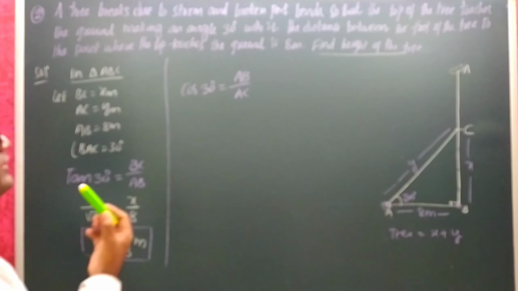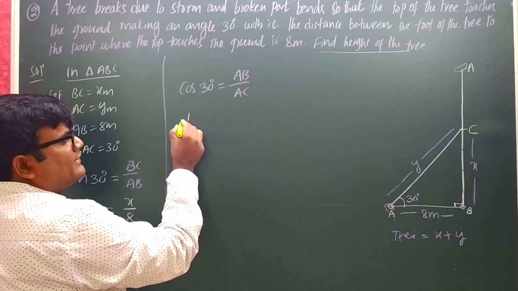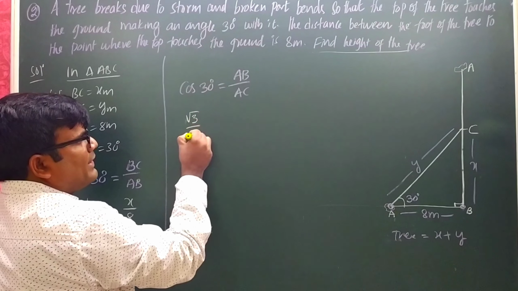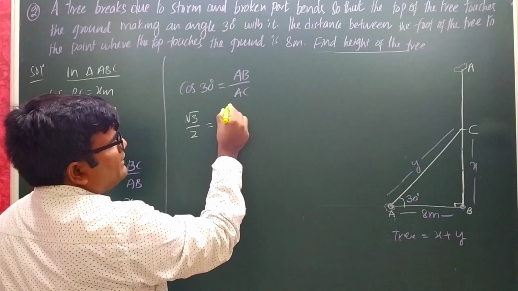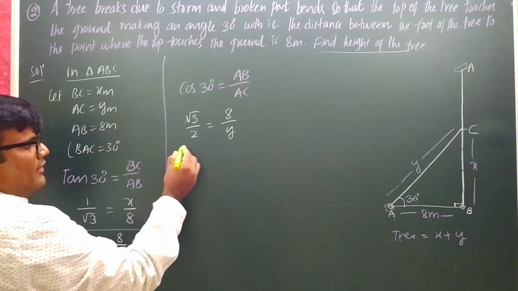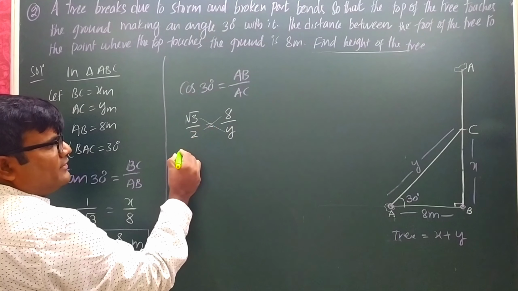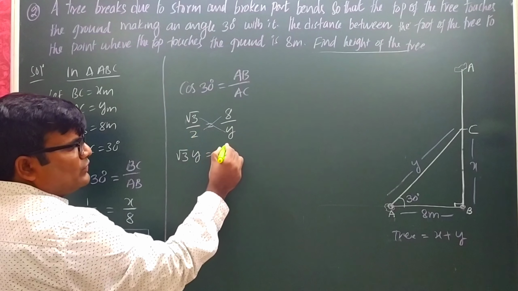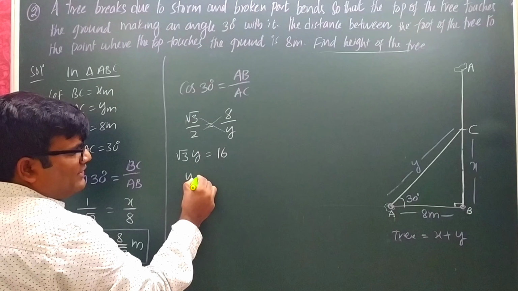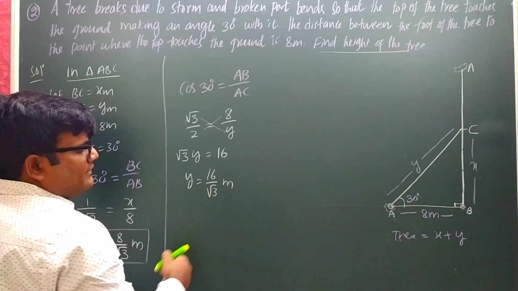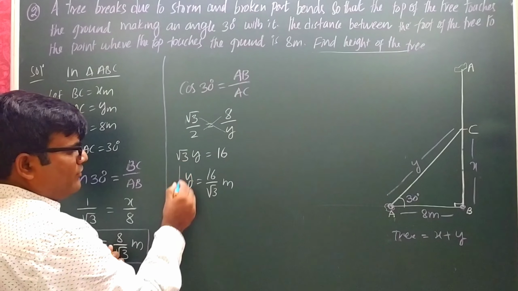We know the value of cos 30 is root 3 by 2. Root 3 by 2 is equal to AB is 8, AC is y. Now cross multiplication, root 3 y is equal to 8 into 2, 16. Y is equal to 16 by root 3 meters. So this one is the length of y.